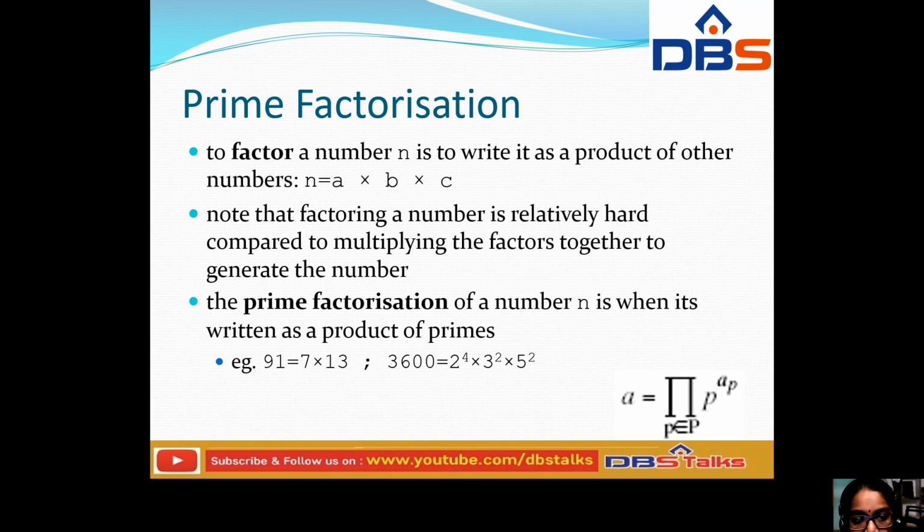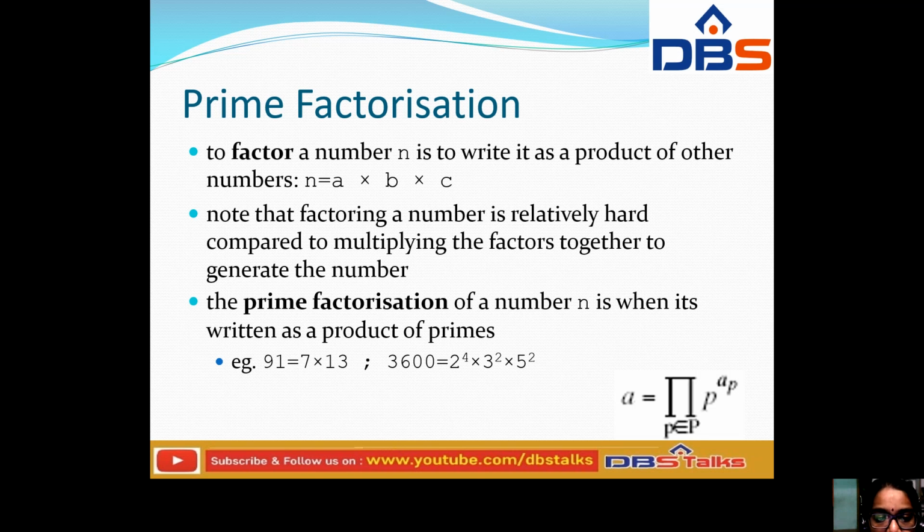If you have observed 91, it is an example, it is a product of factors. 7 is a prime number and 13 is also a prime number. If you multiply these two numbers, we can say this is a product of prime numbers.